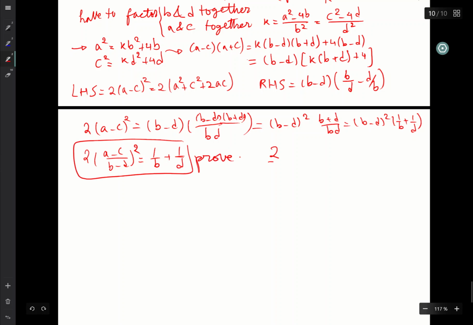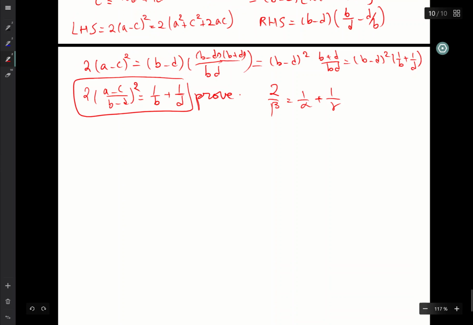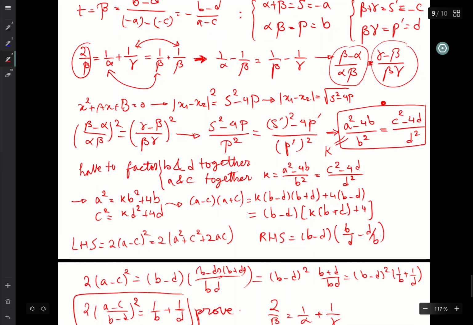And we know that 2 over beta is 1 over alpha plus 1 over gamma, right? And the other thing is that we already established that beta is p minus p prime divided by s minus s prime, and we actually calculated beta.